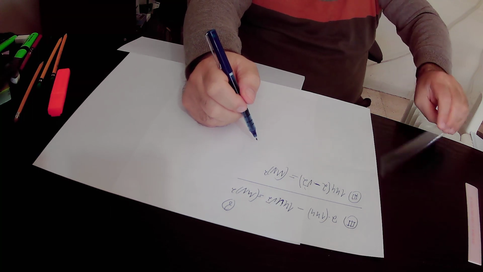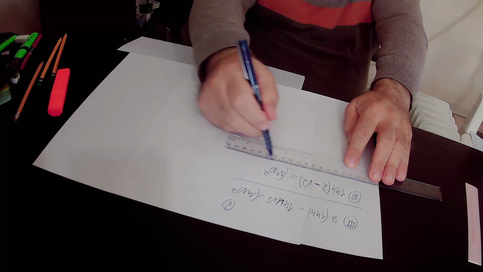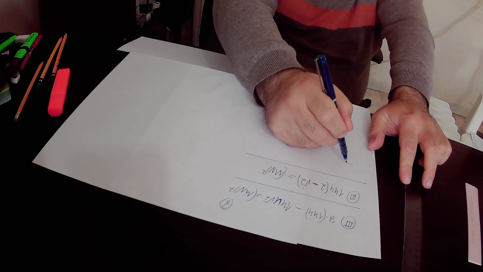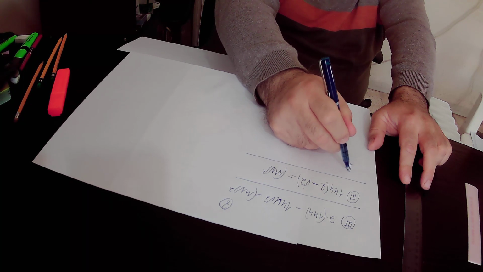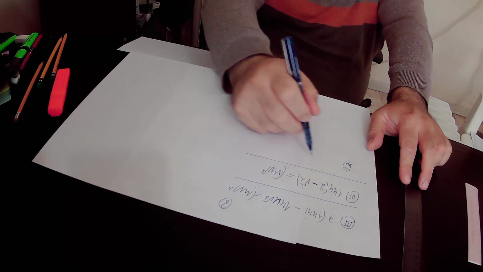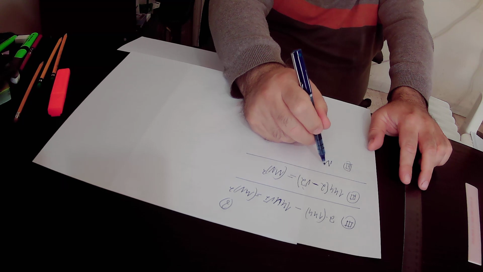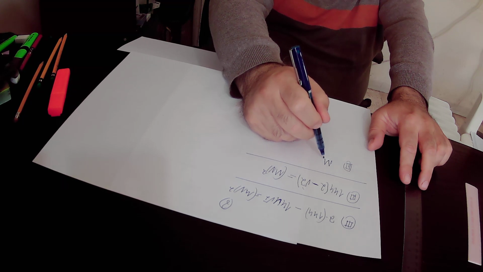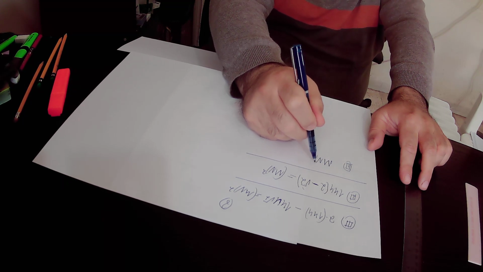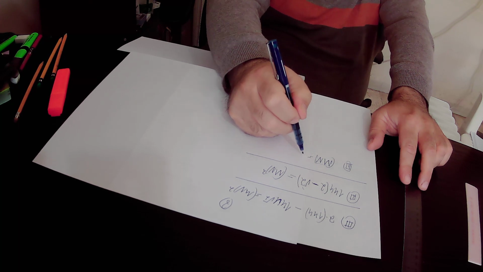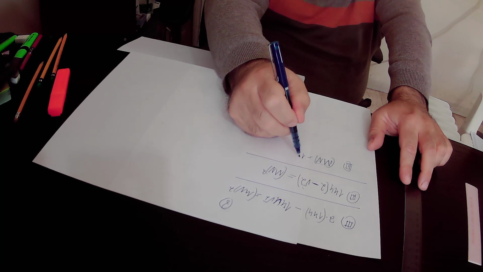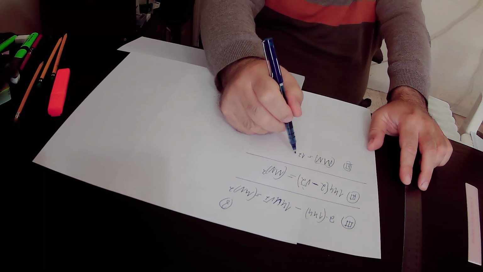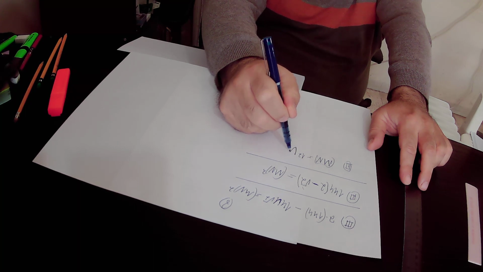Here we take a root of equation number 3, and we will get that according to equation number 3, MN, the missing line segment, is equal to square root of 144, which is 12, times the square root of 2 minus square root of 2.